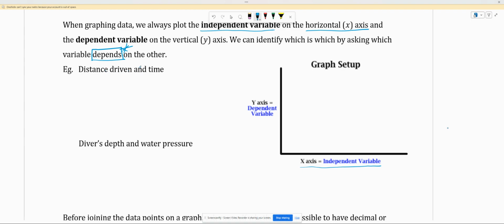Now, if you think about that, the one that makes a lot more sense is the distance depends on how long you've been driving. Absolutely. So distance, we call this the dependent variable. And time will be our independent because time does not depend on distance.